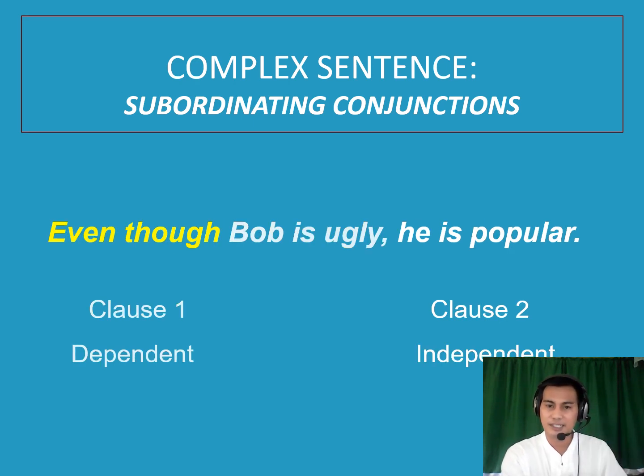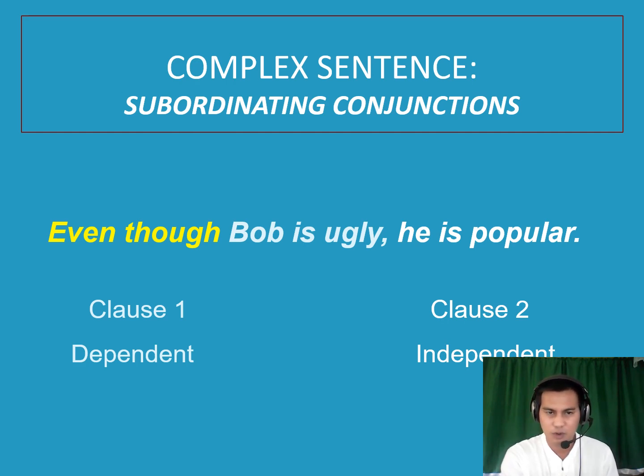Just like the conjunctive adverb earlier, you can put "even though" anywhere. Like I said, if you use the subordinating conjunction on that part of a sentence or on that clause, it will make that clause weaker, powerless. So here, even though Bob is ugly, he is popular.